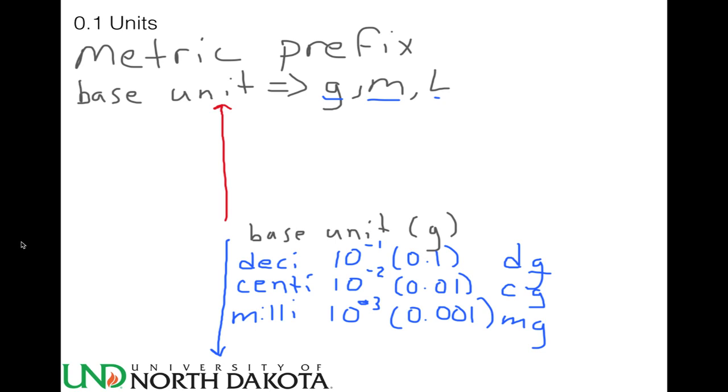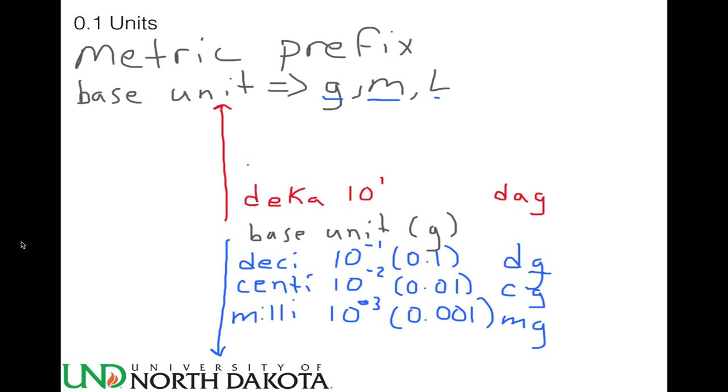As far as prefixes that make the base unit greater than 1, the first one would be deca. This is spelled D-E-K-A, where deca is multiplying your base unit by 10 to the 1, or just 10, and its abbreviation is da. So a decagram would be dag.